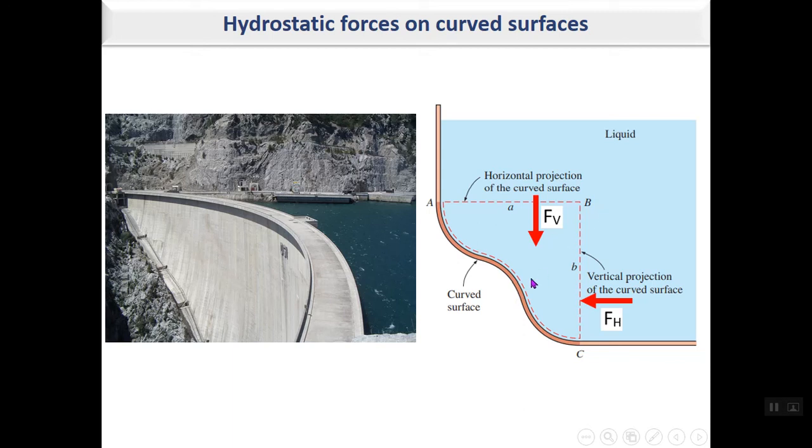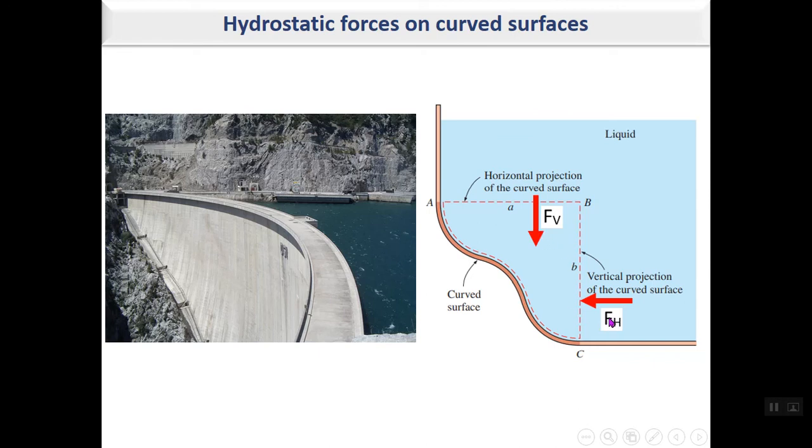Actually, there is one resultant force, where there are two components of the resultant force. For the sake of simplicity, we calculate these separately and then combine them together to find the resultant force. You can see that the force on a curved surface can be divided into a horizontal one and a vertical one.